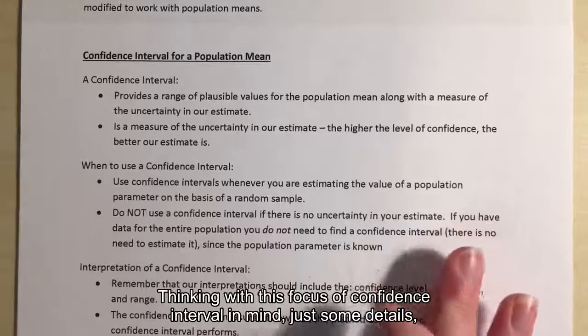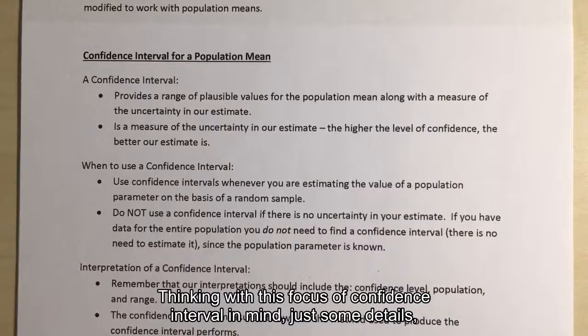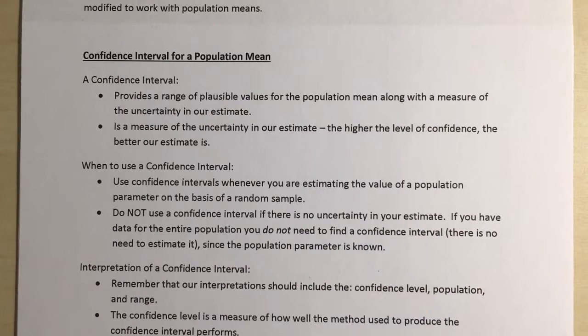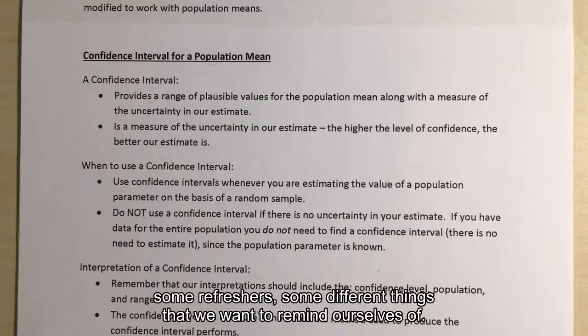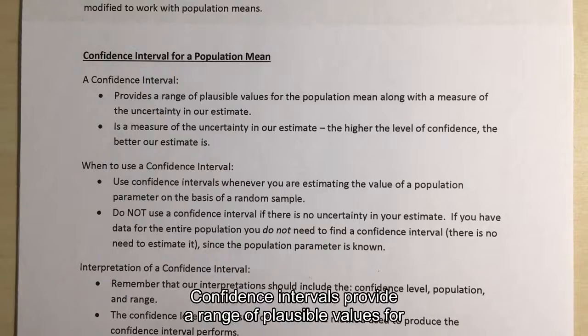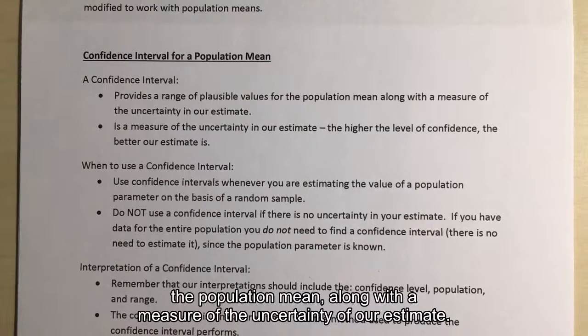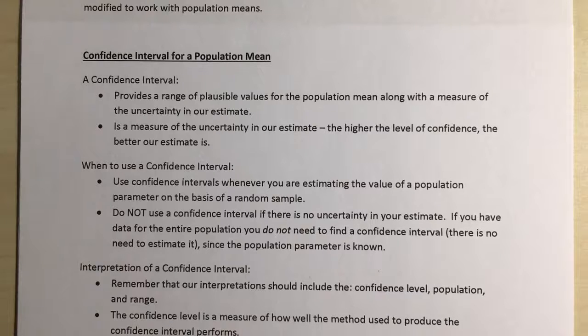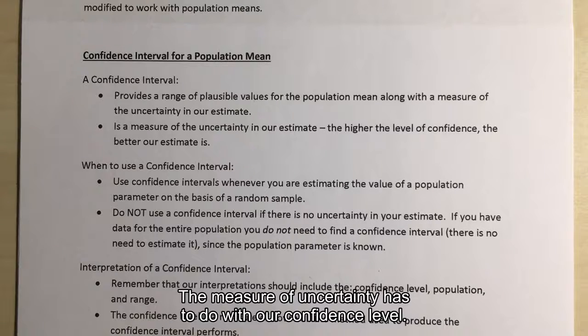So thinking with this focus on confidence intervals in mind, here are some refreshers, some different things that we want to remind ourselves of. Confidence intervals provide a range of plausible values for the population mean, along with a measure of the uncertainty of our estimate. The measure of uncertainty has to do with our confidence level.